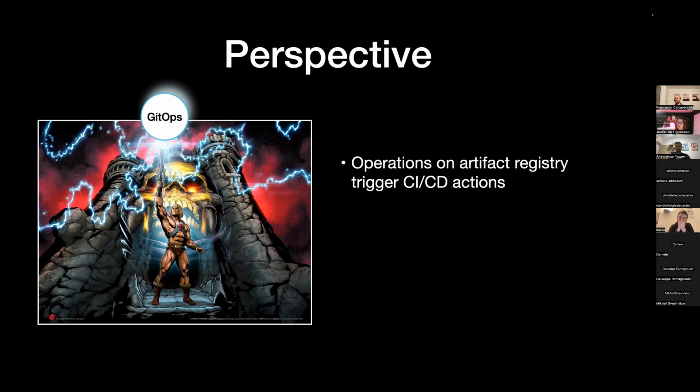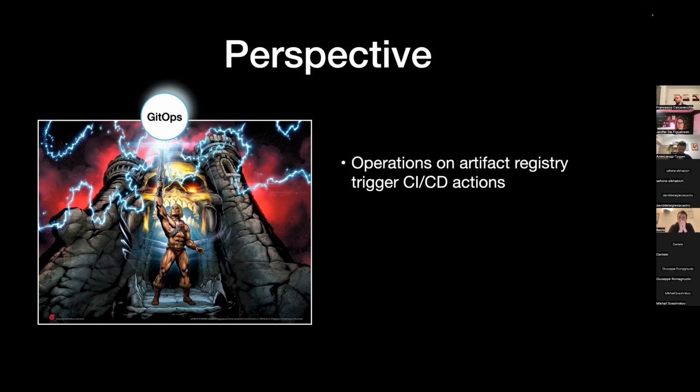You can easily imagine, by operating on Git tags, to have some CI/CD pipeline running as a response to it. So, for example, I train a model, I push it into my model registry. Okay, so it's a new commit.